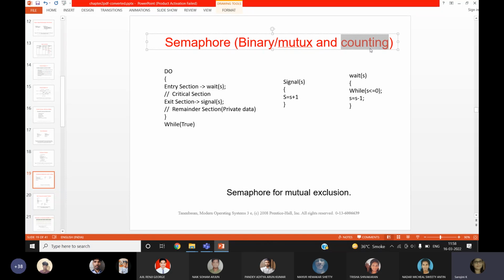But remember there are two types of semaphore: one is binary semaphore, or another name for the binary semaphore is mutex, and the other is counting semaphore. But counting semaphore is not the solution for mutual exclusion. But binary semaphore is. That's why we are studying semaphore under this, because we are studying the mutual exclusion, how to achieve the mutual exclusion. This is one of the ways. This is the very best way to enforce the mutual exclusion.